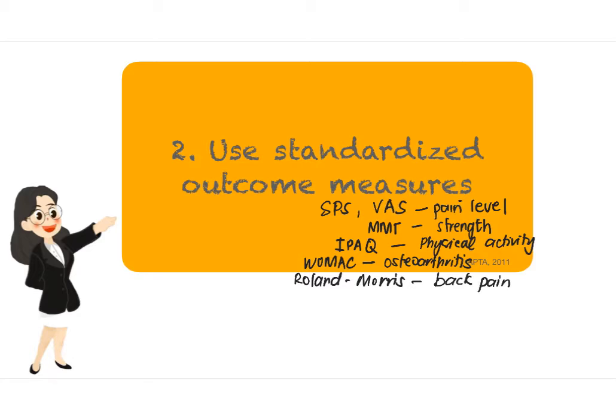We have the FIM for function, or the Functional Independence Measure. So we actually have a lot, and we have a separate lecture for these, the standardized outcome measures. What's important is that you're going to use valid, reliable, and standardized outcome measures in your assessment.